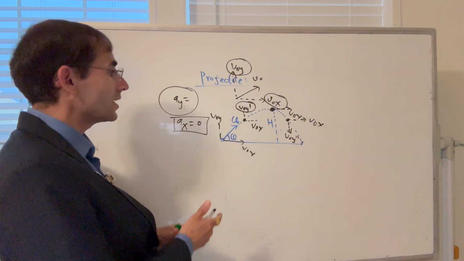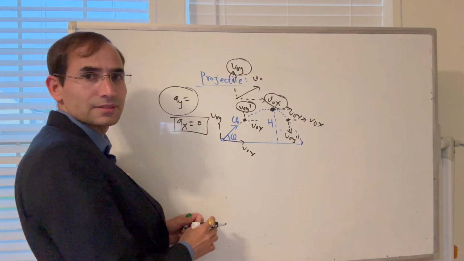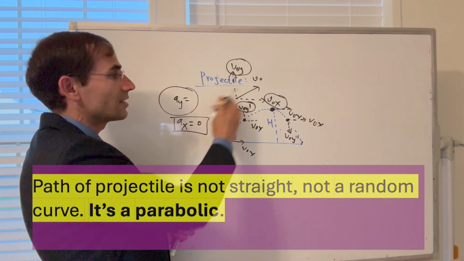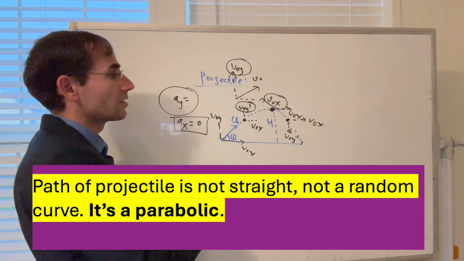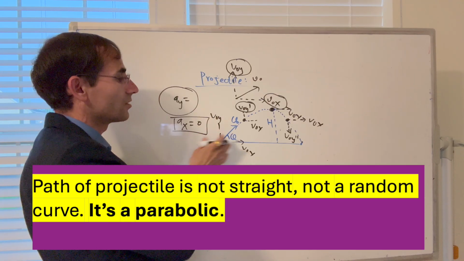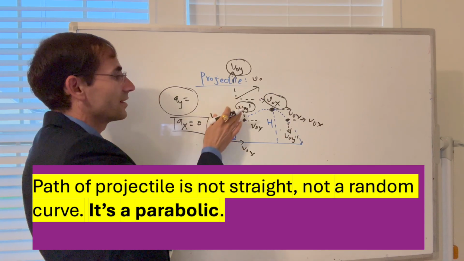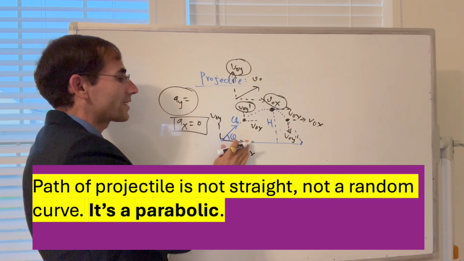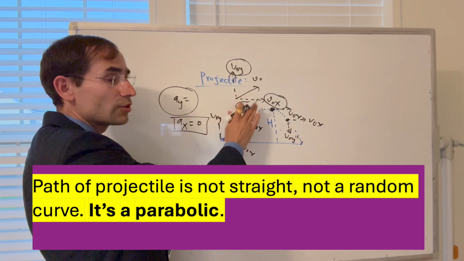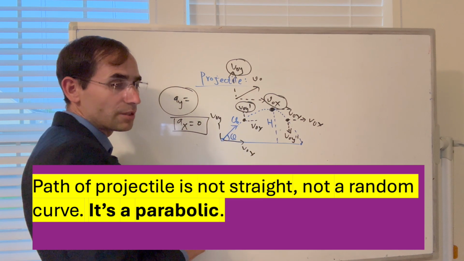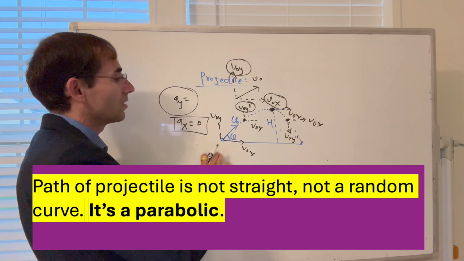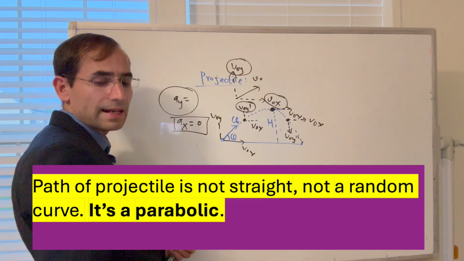So you see the path is a parabola. Do you see the path? Can you tell me the nature of the path? It is not a linear path. The acceleration is constant in the vertical direction, but there is no acceleration in the horizontal, while there is acceleration in the y direction. So velocity changes in the y direction, velocity remains constant in the x direction, and then the object will follow a parabolic path.